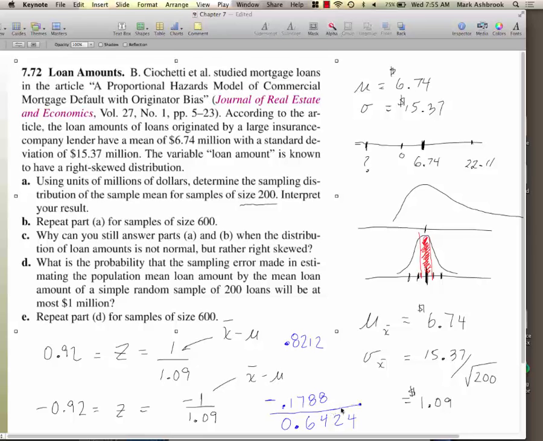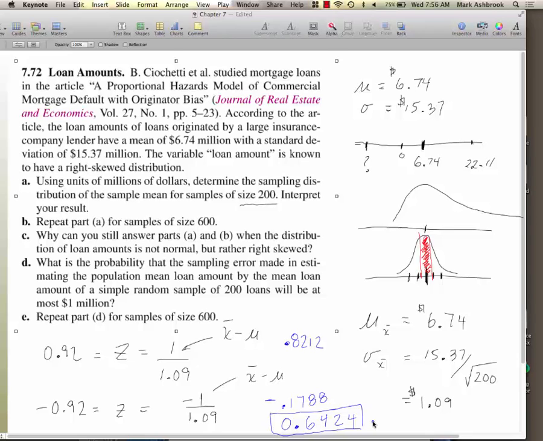Okay, great. So the probability that you take one sample of size 200 and its mean has a sampling error within 1 million would be 64%. 64% of the time, the mean of a sample of size 200 will be within $1 million of the actual population mean, or the sampling error will be less than 1 million.